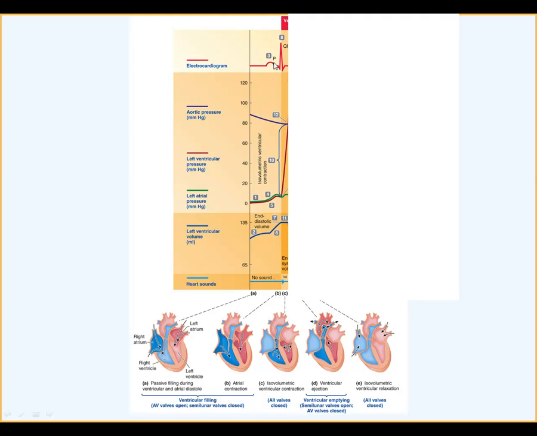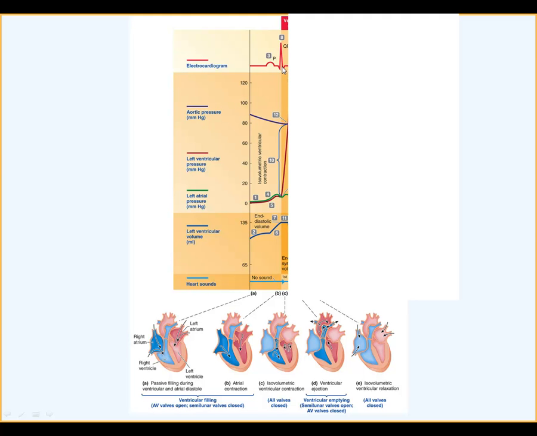This gap between the P wave and the R wave is what we sometimes refer to as the PR interval, and the PR interval will indicate the time that the depolarization wave was delayed from the atrium level to the ventricular level.